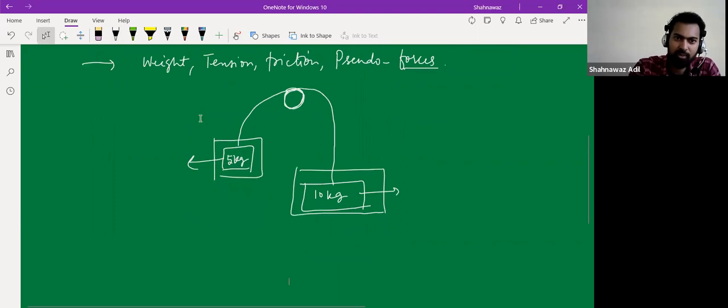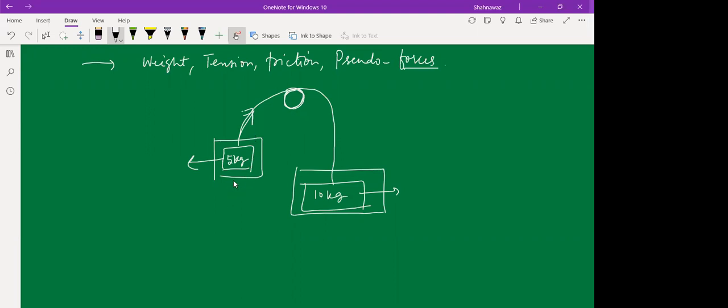So for this block, we have what? One is tension, right? Which is pulling this string in this direction, right? So tension you guys already know, right? Which acts on the strings, right? Yes, sir. And then there is weight.